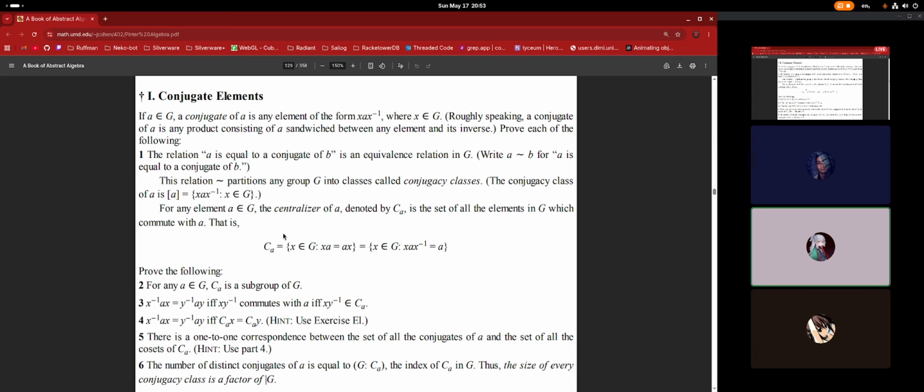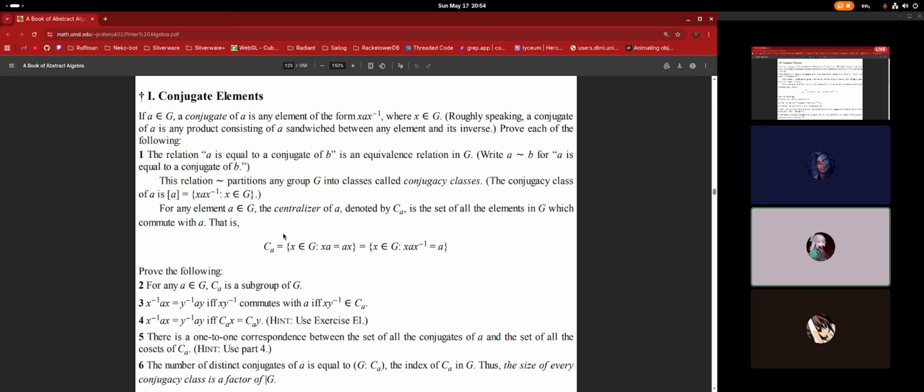We can, and there's actually a neat trick you can do. You can exploit the fact that x and its inverse are both clearly in G, right?